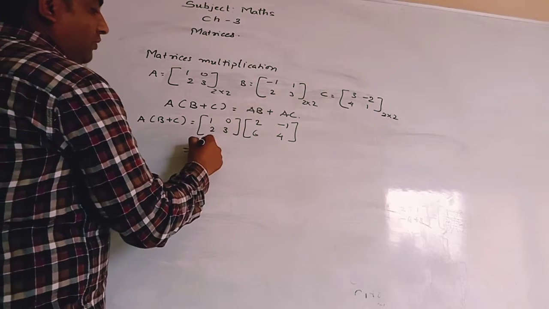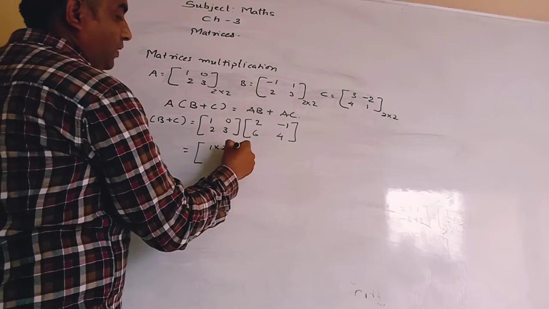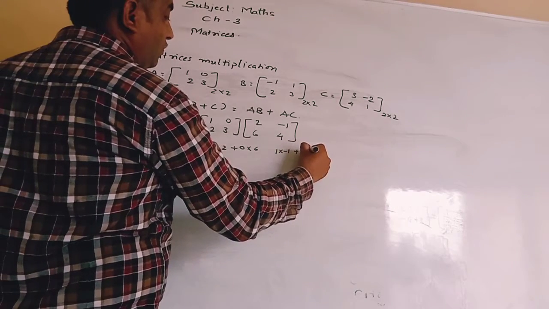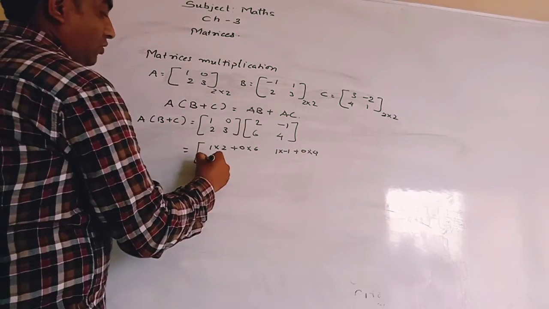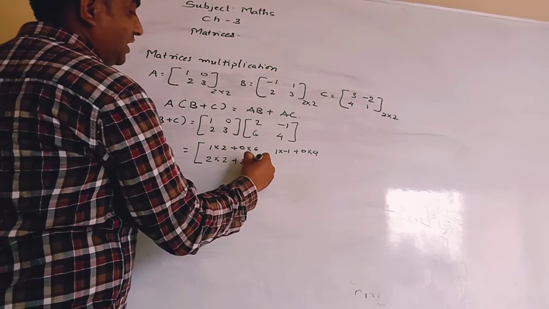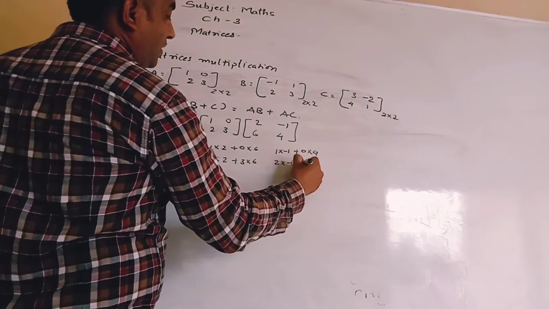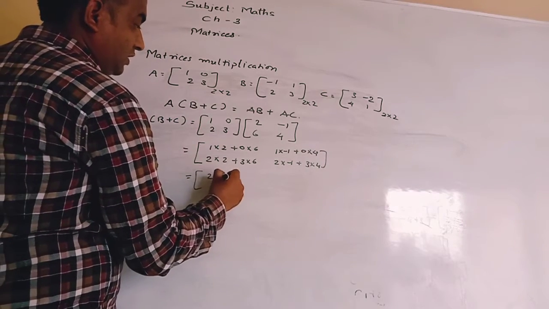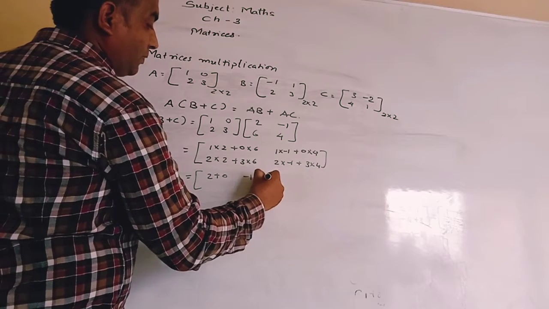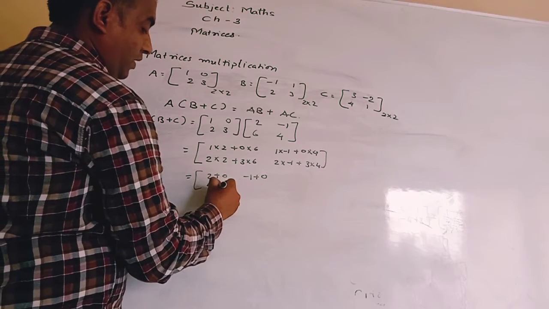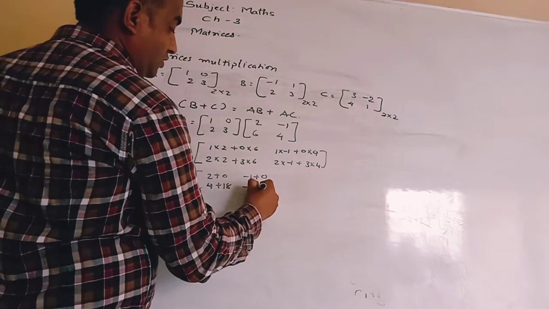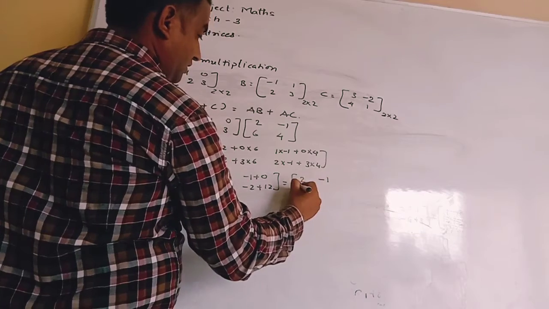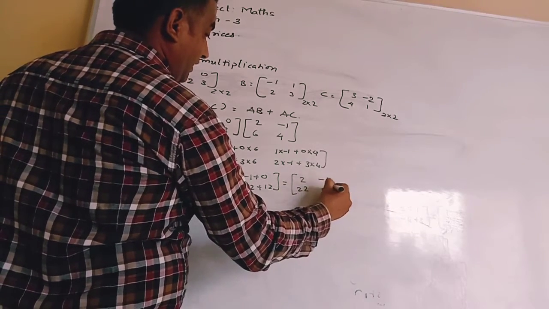And so we multiply them: 1 into 2 plus 0 into 6, 1 into -1 plus 0 into 4, 2 into 2 plus 3 into 6, 2 into -1 plus 3 into 4. So we simplify that: 2 plus 0, -1 plus 0, 4 plus 18, -2 plus 12. So we get 2 -1 22 and 10.